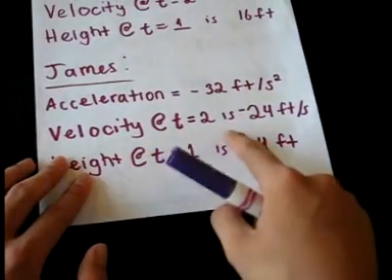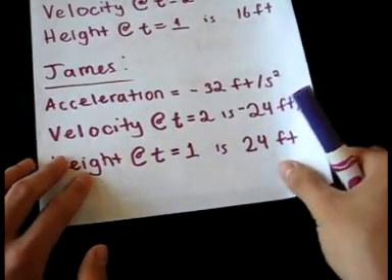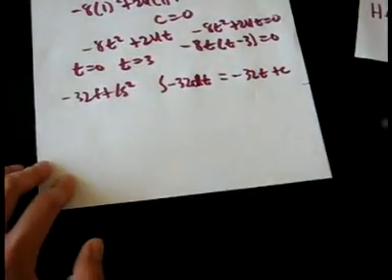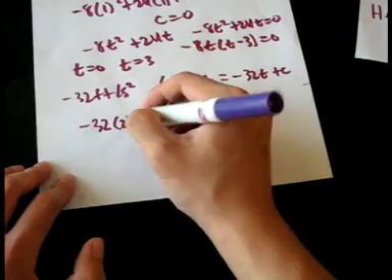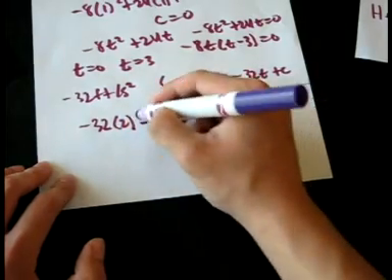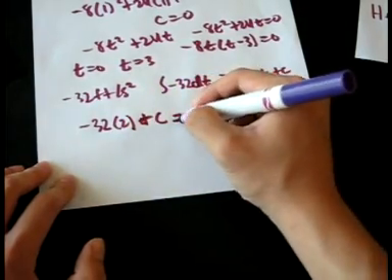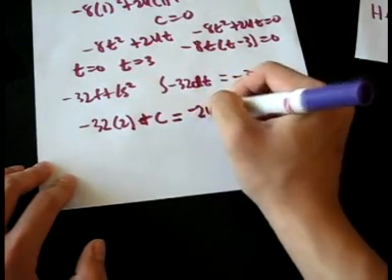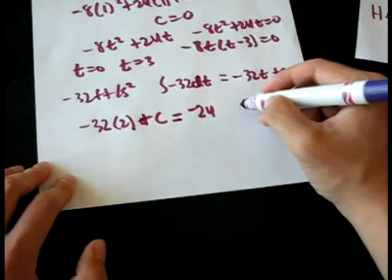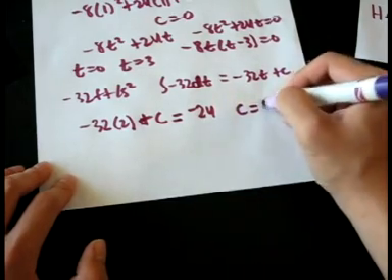Since the velocity is given at a certain time, you can plug it in and figure out the value of c. Oops, plus c equals negative 24. So you work it out, c turns out to be 40.